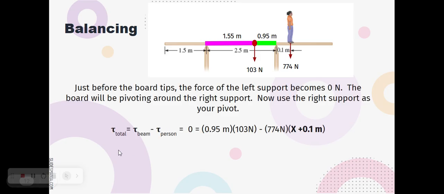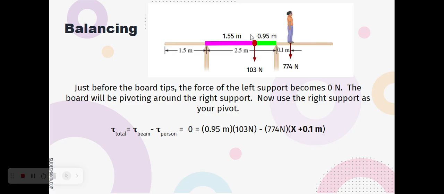So the total torque is still going to equal 0, but now it's the beam and the person, and I've chosen this point as my pivot point instead. So the only two forces I have now are the beam coming down on this side and the person coming down on this side.